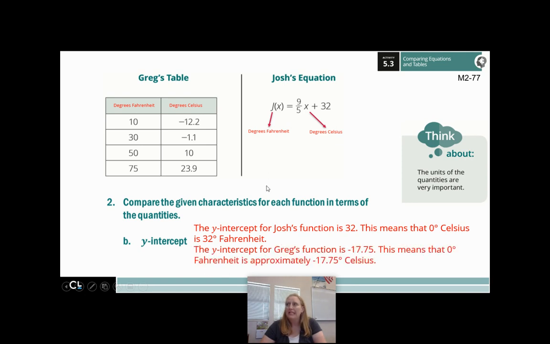You probably didn't get this exact an answer, but around there you should have found that the y-intercept for Greg's function is about negative 17.75. So this means that 0 degrees Fahrenheit is about negative 17.75 degrees Celsius. And that's cold. That's well below freezing.